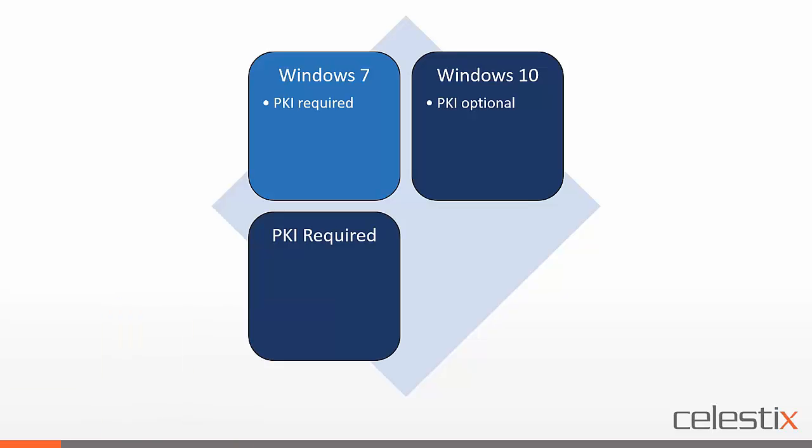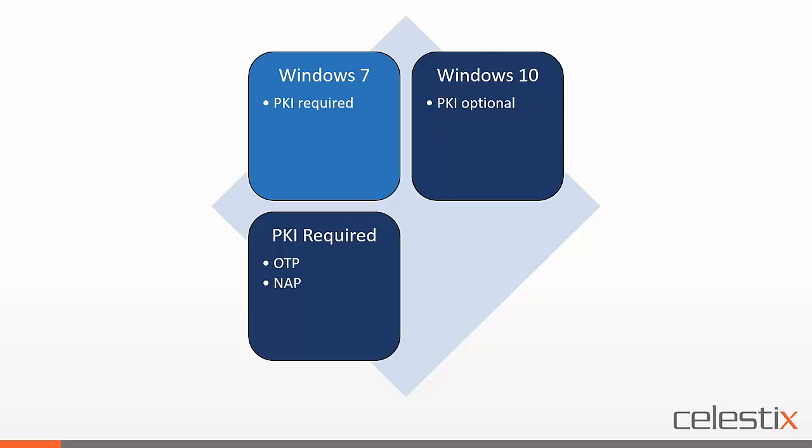Unfortunately, regardless of which clients you deploy, Windows 7, Windows 8, Windows 10, you still have to have a PKI for a number of different deployment scenarios and features if you want to take advantage of them. For example, you have to have a PKI if you're going to support OTP. So one-time password, regardless, if you're going to do that with Windows 7 or 10, you must have PKI.